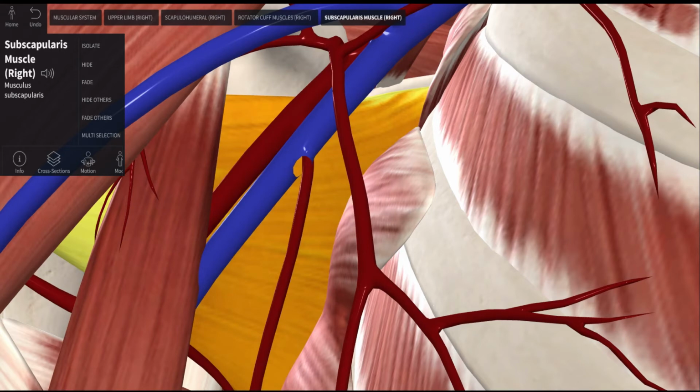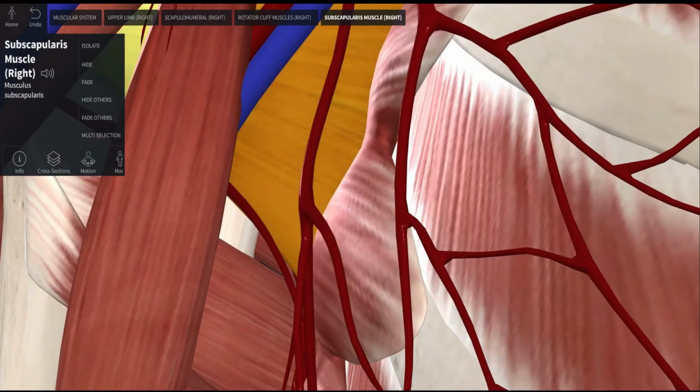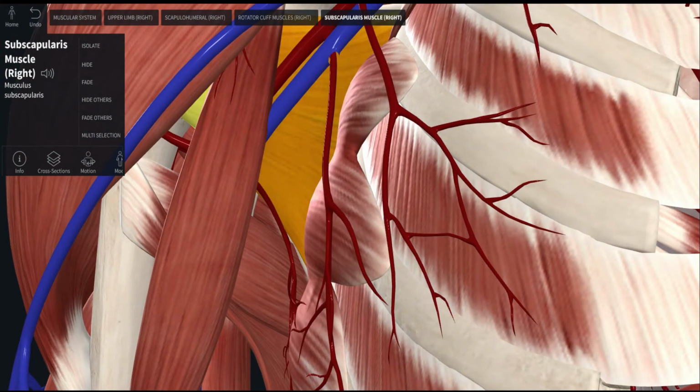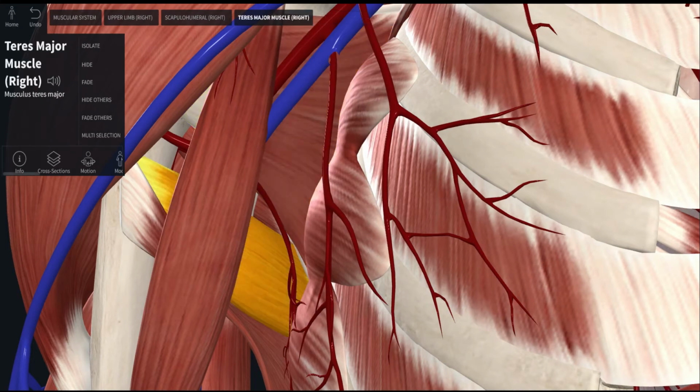So it makes sense that they are the posterior relations for the second and third part of the axillary artery. Okay, but for the second part, only the subscapularis. The other two muscles, let's break the suspense over here. This muscle, that is teres major, and this muscle, that is latissimus dorsi.